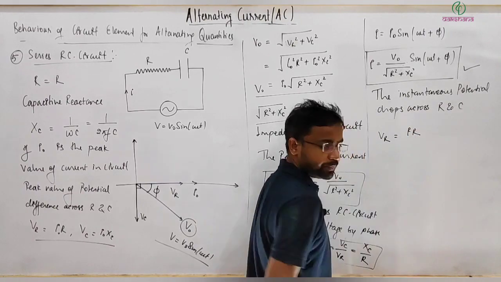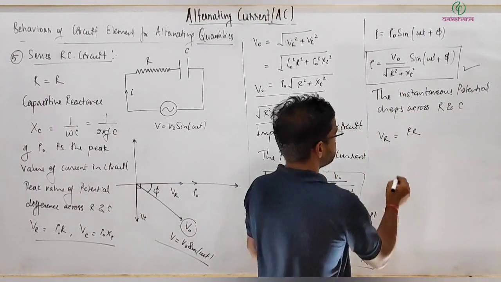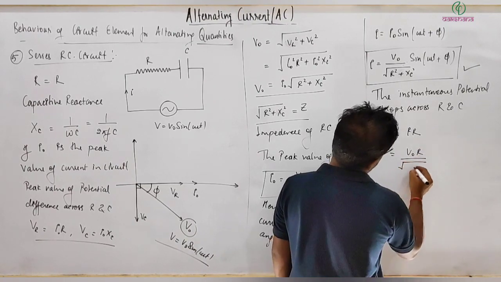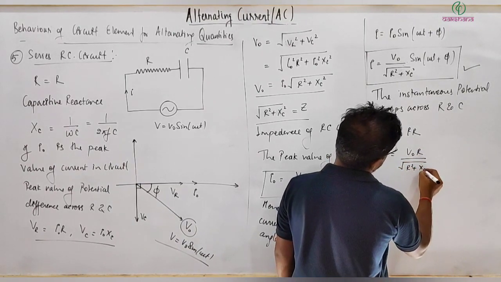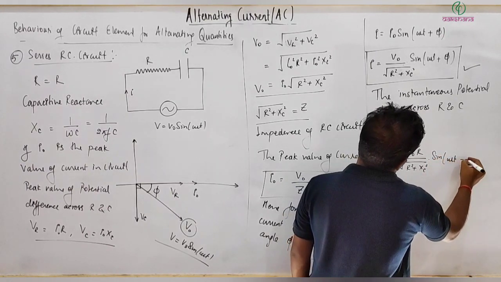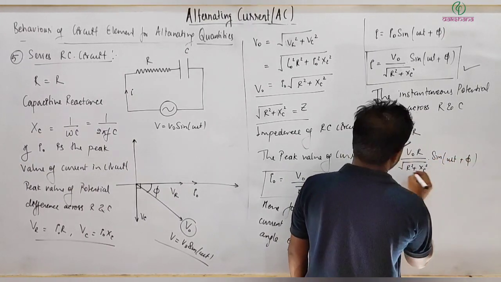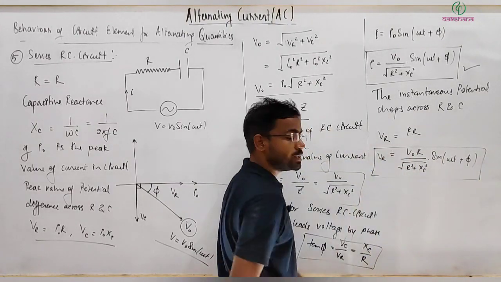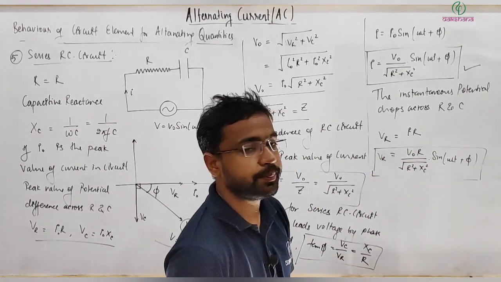I times R, and I is this, so this comes out to be V naught R divided by under root R square plus XC square times sine of omega t plus phi. So this is your potential drop across the resistor as a function of time.